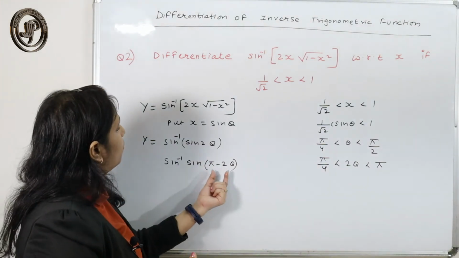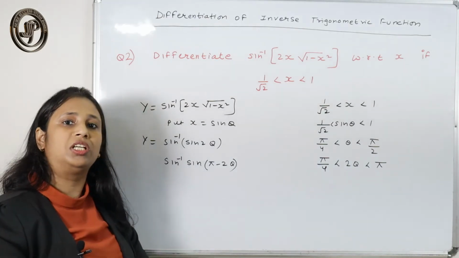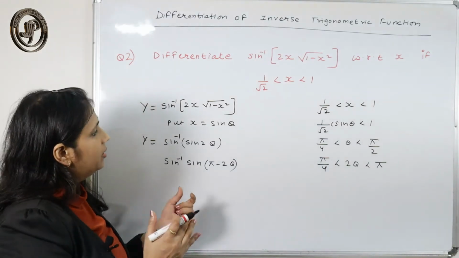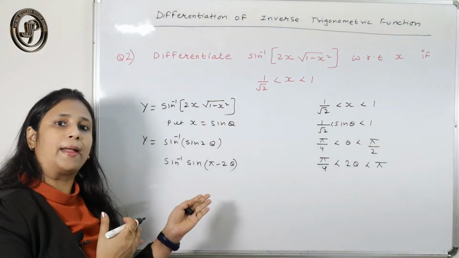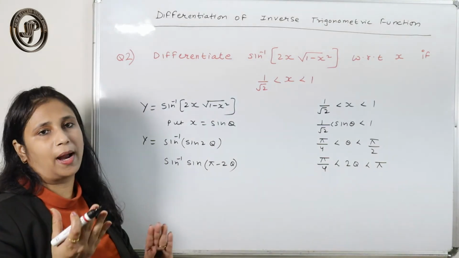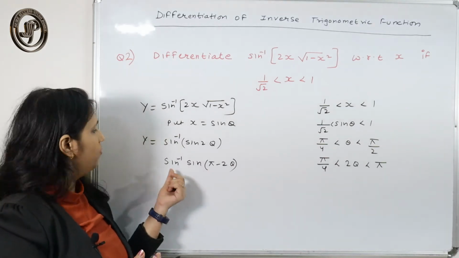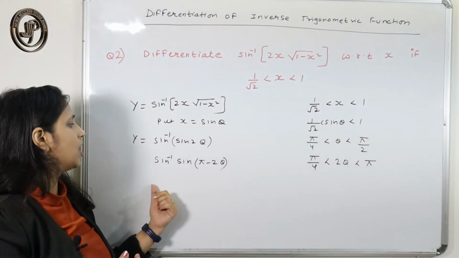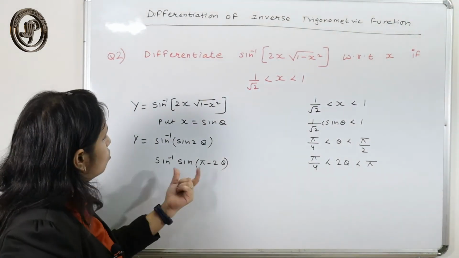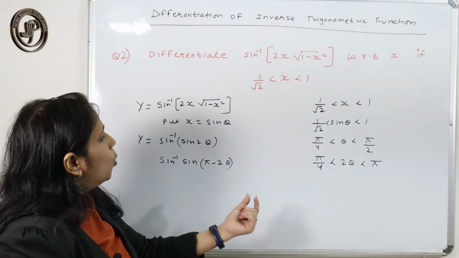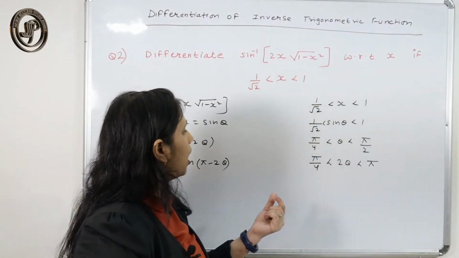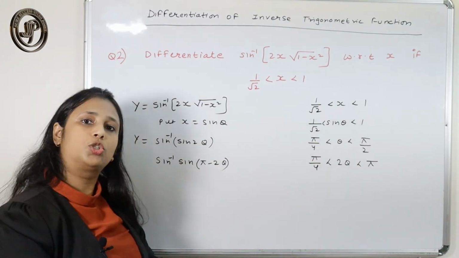Now just check whether pi minus 2 theta lies in the range of minus pi by 2 to pi by 2 or not. If it lies, then these will cancel out and our answer will be pi minus 2 theta. So I am going to check the range for pi minus 2 theta.